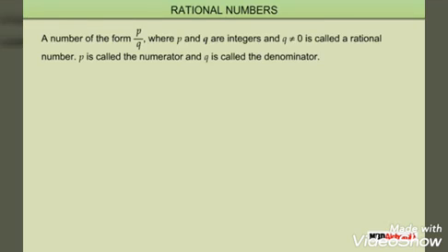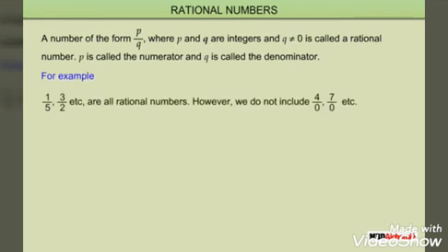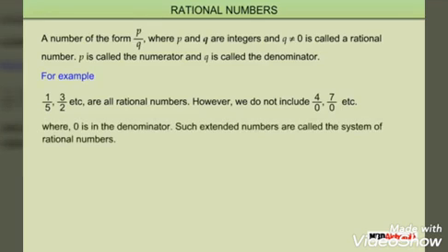P is called the numerator, and q is called the denominator. For example, 1 upon 5, 3 upon 2, etc. are all rational numbers. However, we do not include numbers like 4 upon 0 or 7 upon 0, where 0 is the denominator. Such extended numbers are called the system of rational numbers.